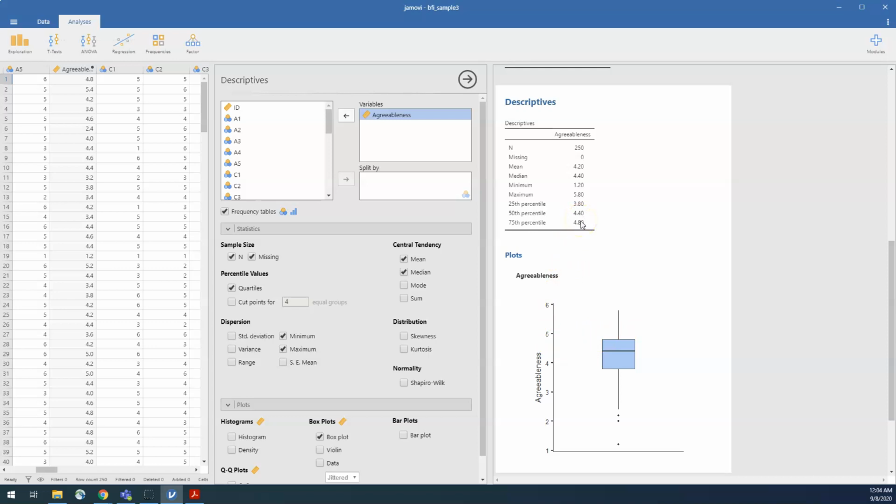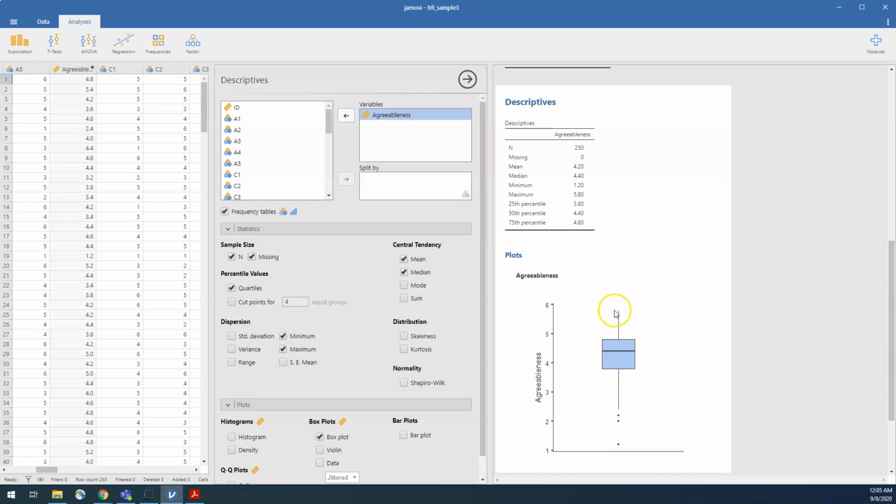Now, the highest and lowest values are also shown in this box plot. The highest is 5.8. That's represented right here at the top of this line. And the lowest value is 1.2. That's represented down here by this dot. Now, that might be a little confusing. You would expect that this line should go all the way down. But statisticians, in order to demarcate the middle of the bulk of the distribution, have decided it makes better sense to define what the end of the line should be.